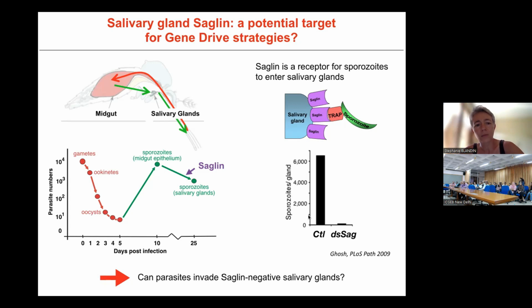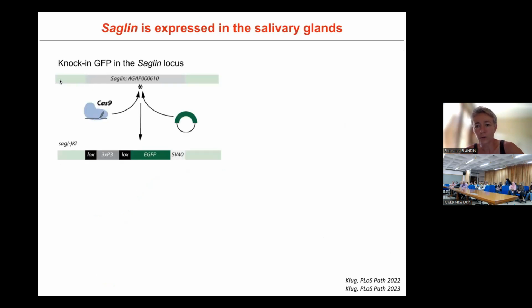Here I describe the saglin locus in the genome of the mosquitoes. The saglin gene is localized in gray here. We used a CRISPR-Cas9 strategy to insert inside the saglin locus another cassette that would break down the saglin gene, and instead have these mosquitoes express GFP, either under the 3xP3 promoter, which is an artificial promoter driving expression of the gene in the nervous system of the mosquito.